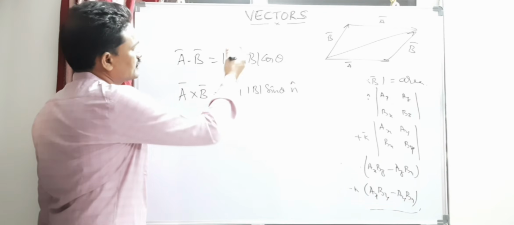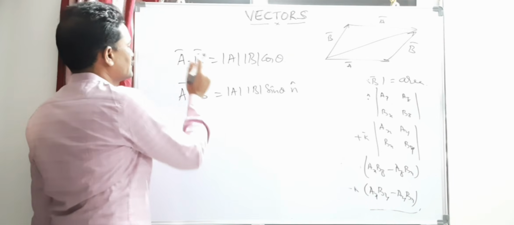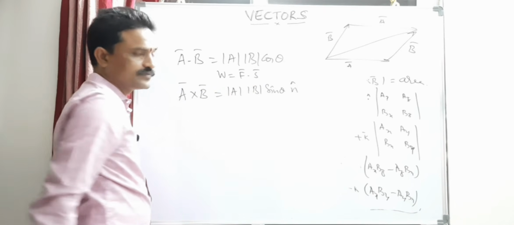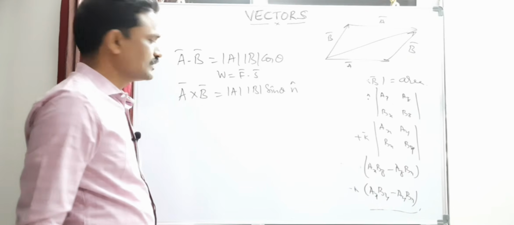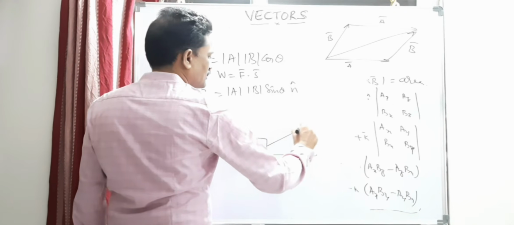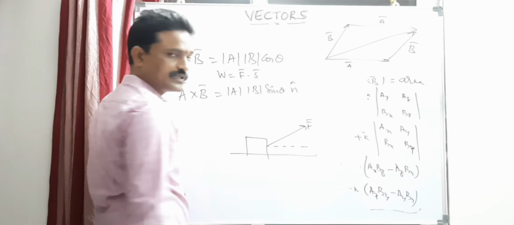Now there are a number of examples that we will see in physics. For example, work done is given by F dot S, where F is the force vector and S is the displacement vector. For example, some object is here, I am pulling it by applying some force. This is the direction of the displacement.